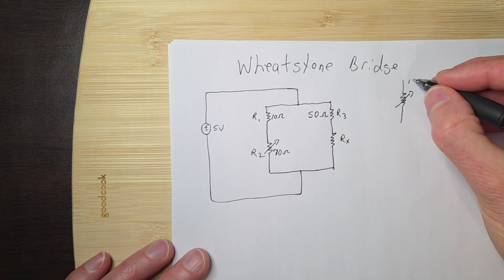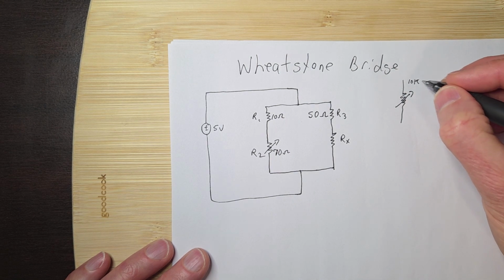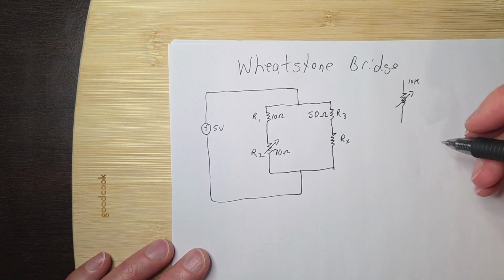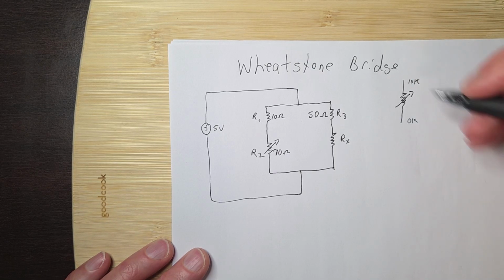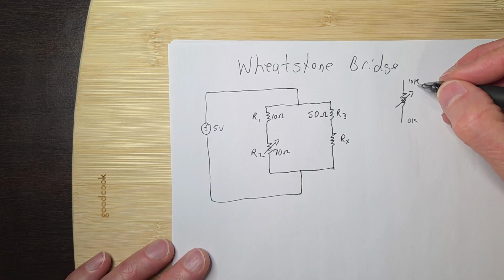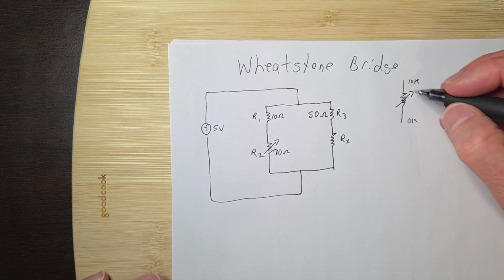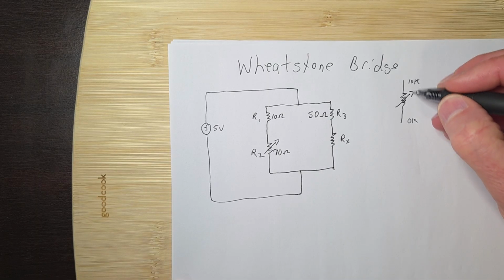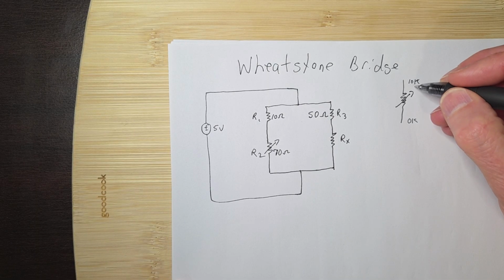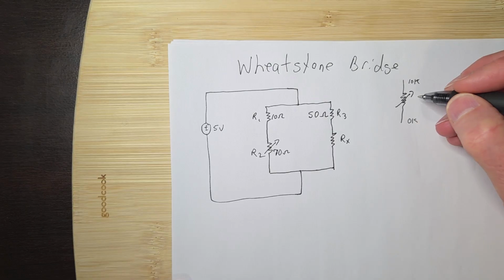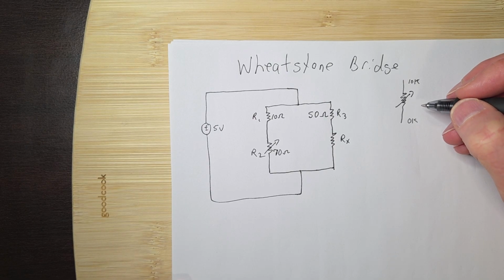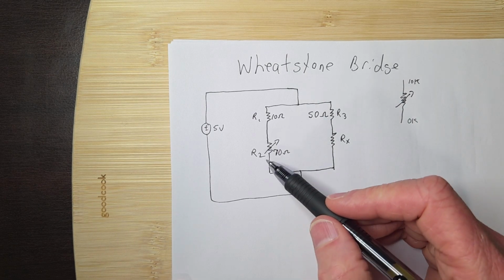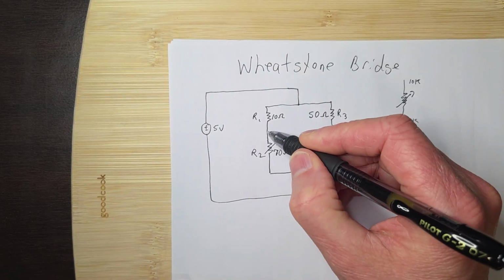So if I had a 10K ohm potentiometer, it would go from 0K up to 10K. But usually for this type of circuit, you want to have it somewhere under 10K, so that you can really adjust it well.